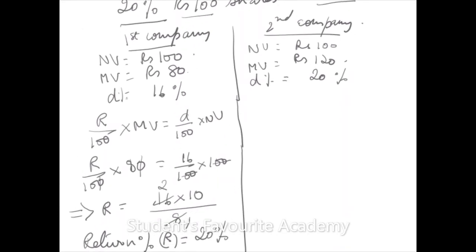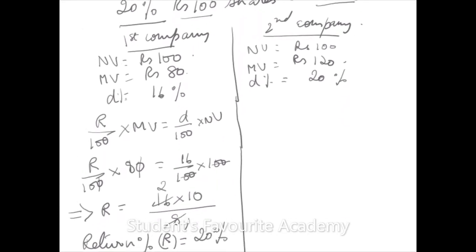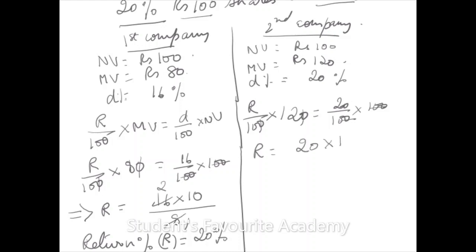Now let us see what is the return percent here. Here also R upon 100 into market value, market value is 120, is equal to D is 20, 20 upon 100 into nominal value 100. Right? So here, okay, so R is equal to 20 into 10 upon this 12. Right? Agreed?